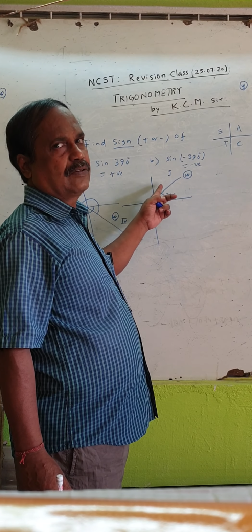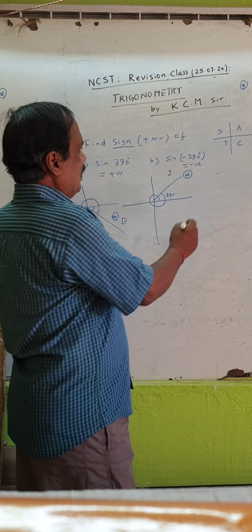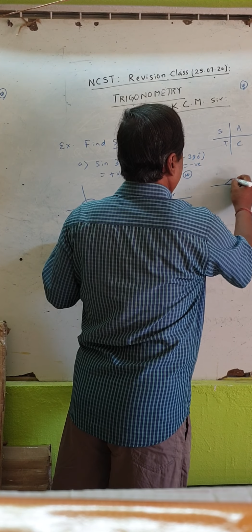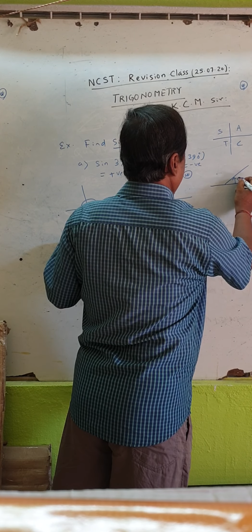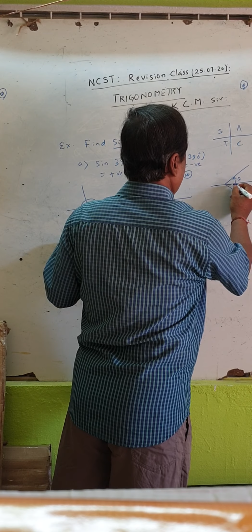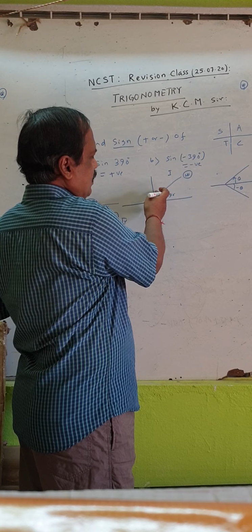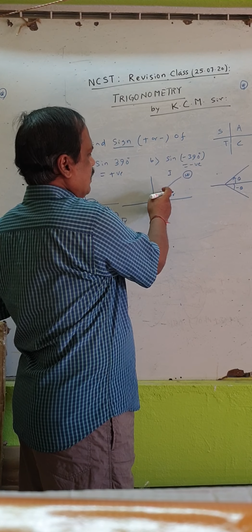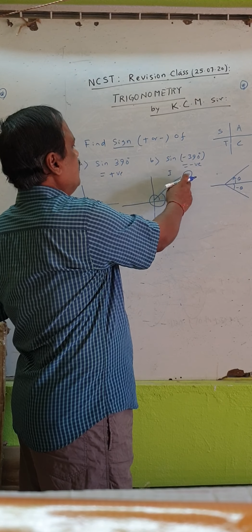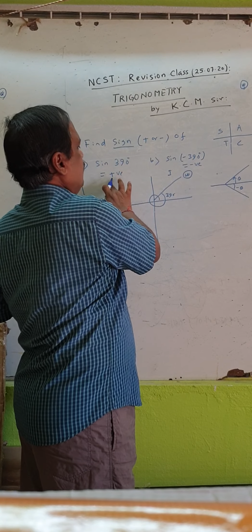So it falls in first quadrant. This is the positive angle direction, and this is the negative angle direction. So we move 360 and 30, 390. So it falls in first quadrant, where all are positive.